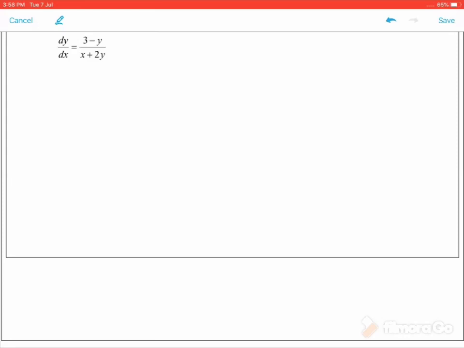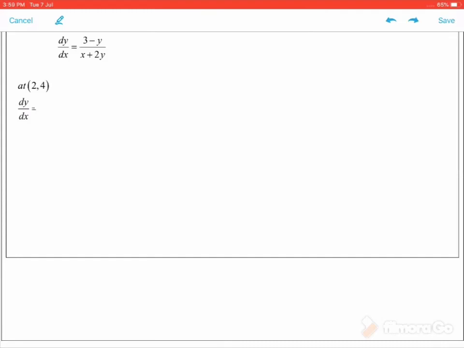After we get our dy dx, now we can find the gradient of the tangent. At the point (2, 4), dy dx is equal to, you just substitute x equal to 2 and y equal to 4 into your dy dx.